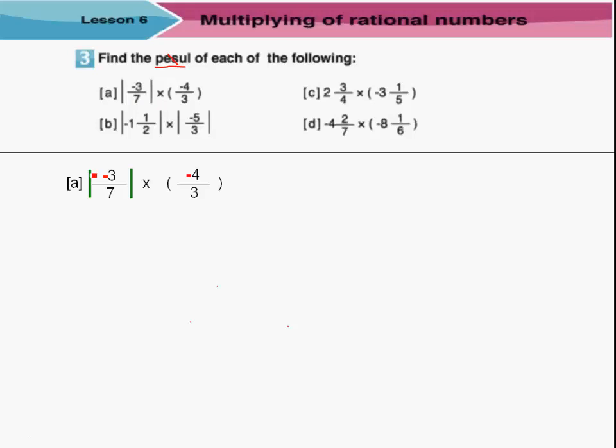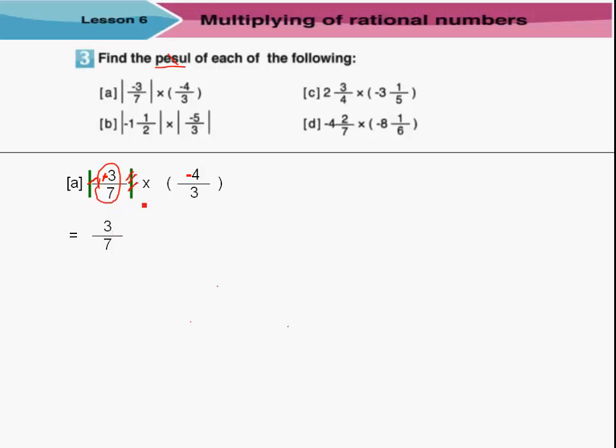Also find the result of each of the following. Number 8. I told you before, these two lines mean the absolute value. Absolute value means you have to take the number without any sign. So this will be 3 over 7. We cancel the minus with the absolute sign.